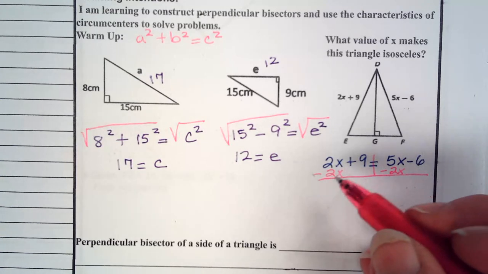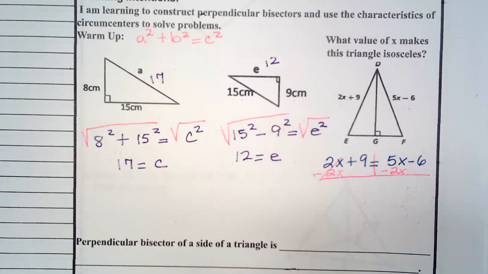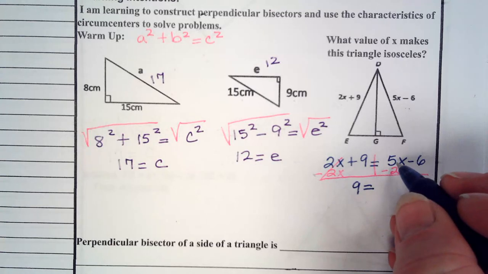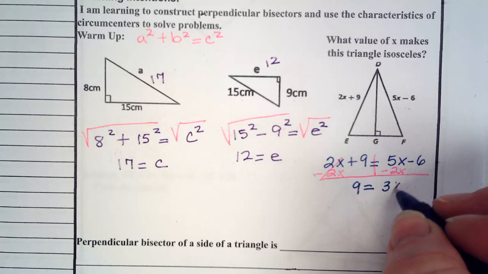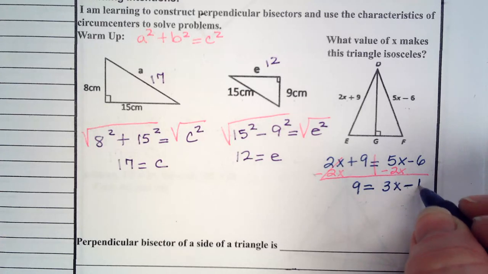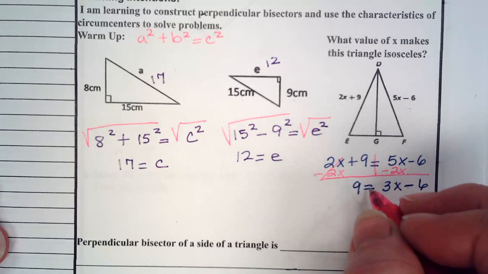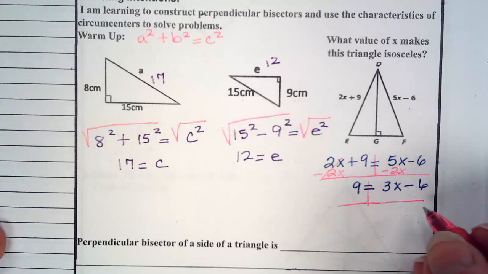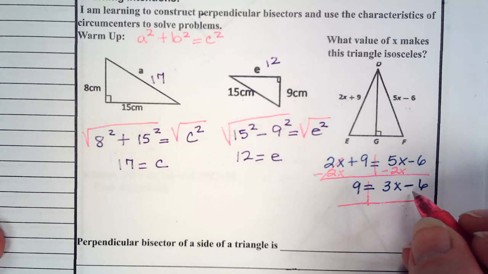2x minus 2x is 0. I've gotten rid of it over here. I'm left with 9 is equal to 5x minus 2x is 3x. Bring down the minus 6. Once again, draw those lines. I need to get all the numbers to the same side of my equal sign. 3 times x minus 6.